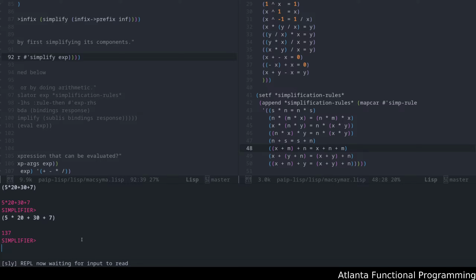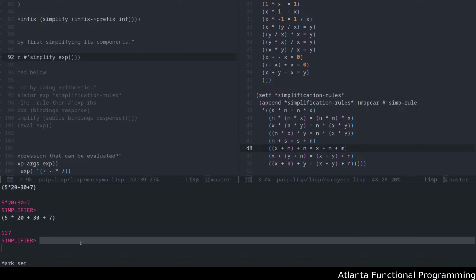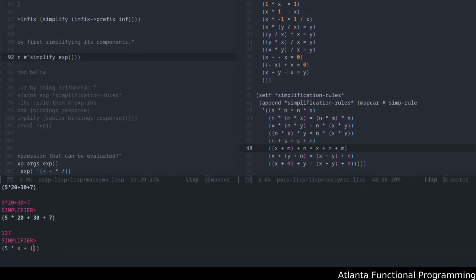There's other stuff that this current implementation covered a couple of weeks ago, mainly some of the basic stuff. If we do 5 times x and 4 plus 1 times x, you will see that this easily gets simplified to 5 times x times 5 times x.